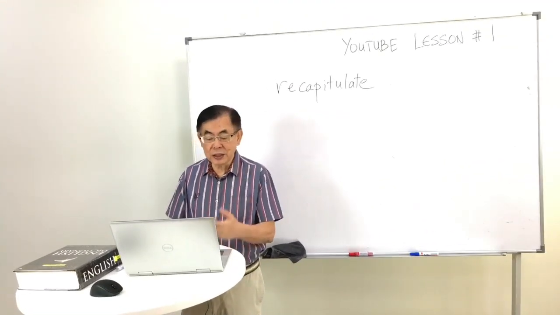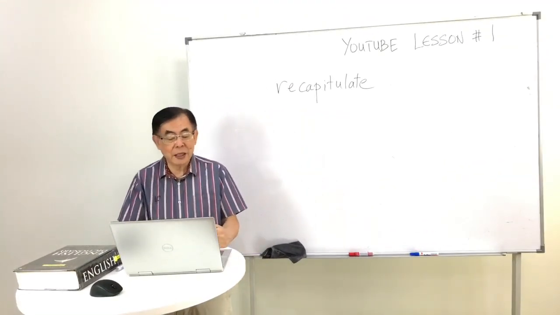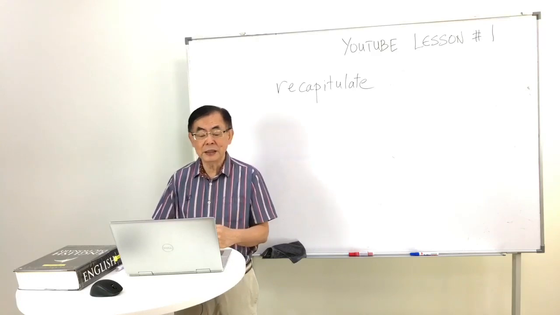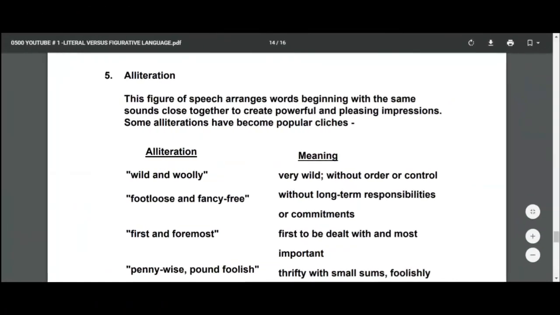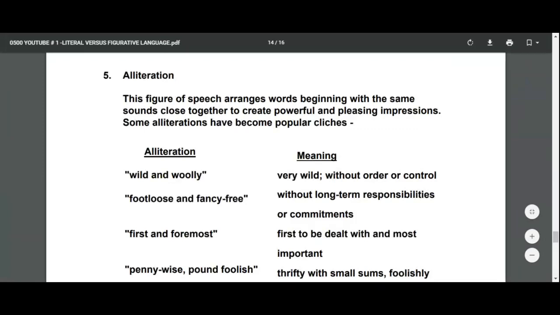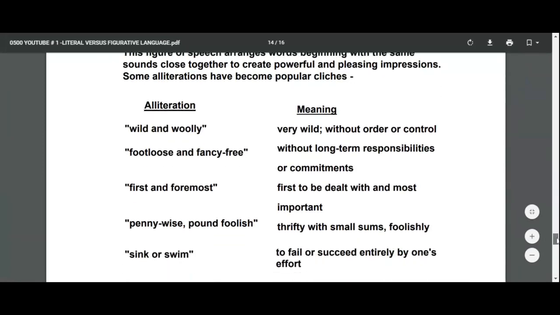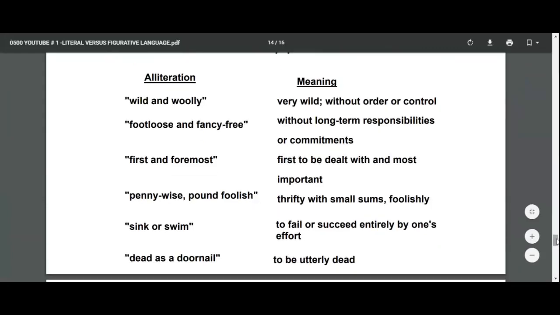Some alliterations, such as those that I've put on the screen, have become popular clichés. For example, wild and woolly. This alliteration of words simply means very wild, without order or control.